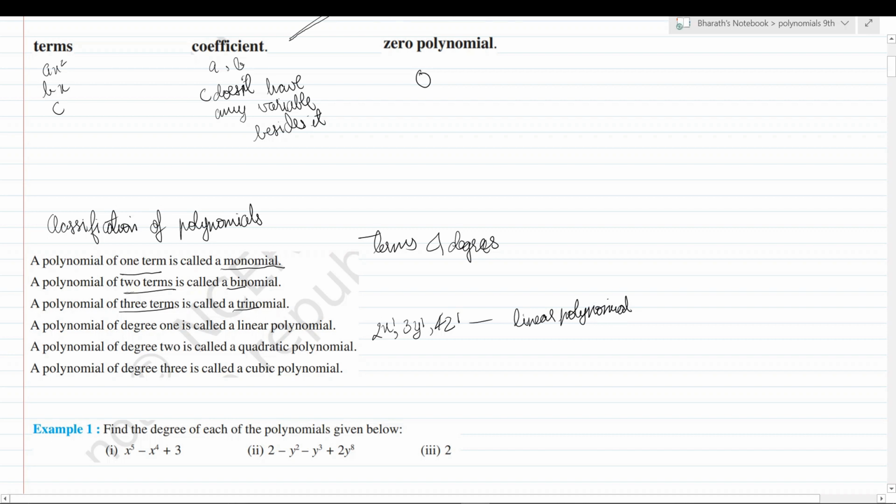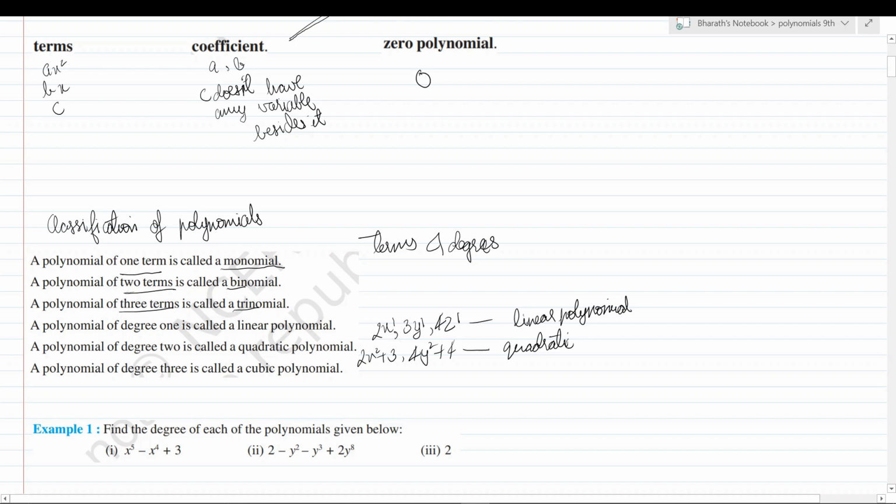But when it comes to degree 2, such as 2x² + 3, 4y² + 4, this is called quadratic. Many of you may think quadratic means 4, but you just have to think quad means 2.